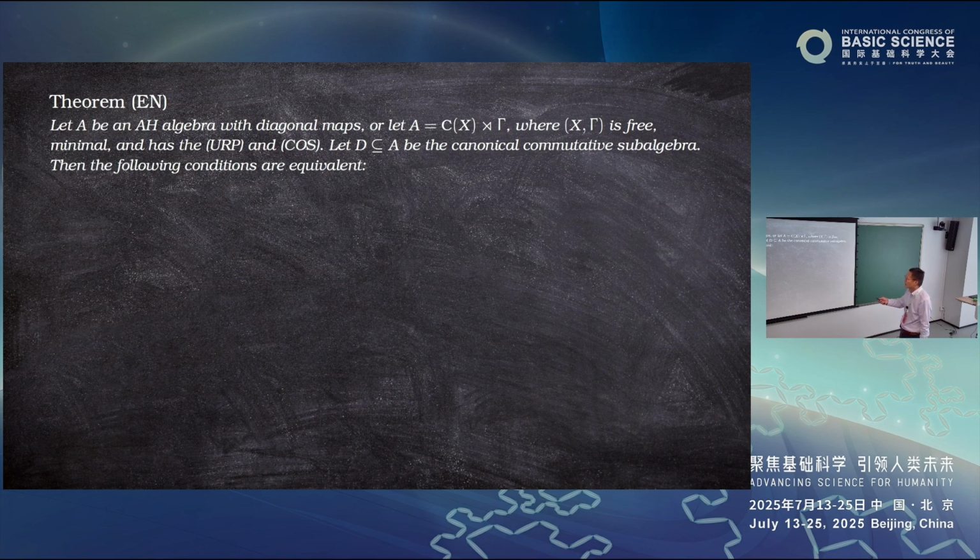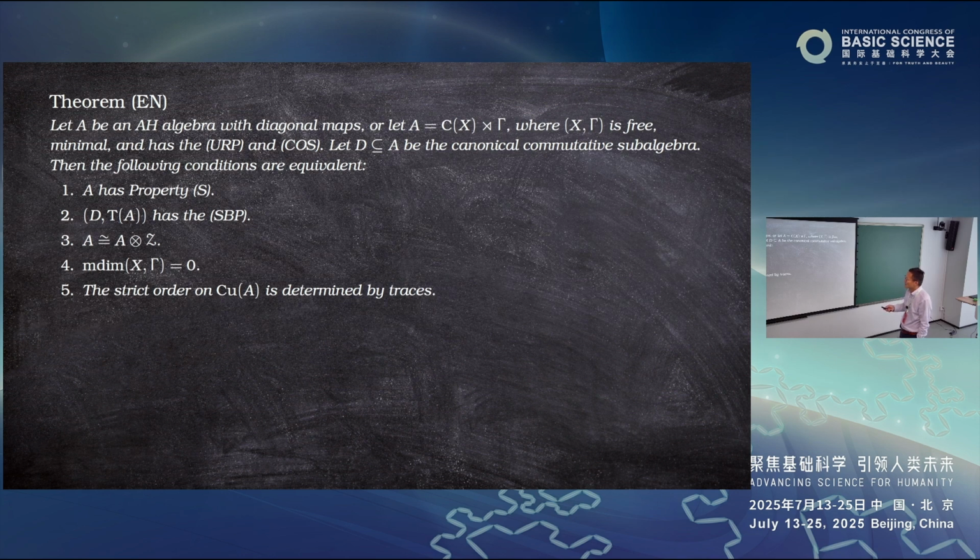And then with those properties, you can characterize Z absorbing using the small boundary property and property S and so on. And in fact, as a byproduct, you really get something more. The characterization of the small boundary property is closely related to the real rank 0 of the sequence algebra.